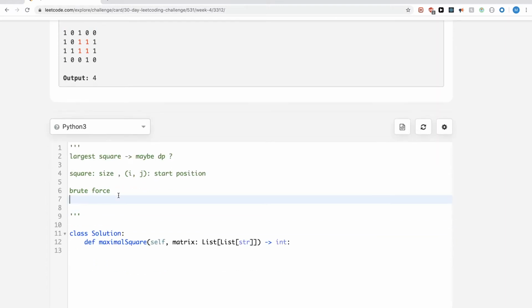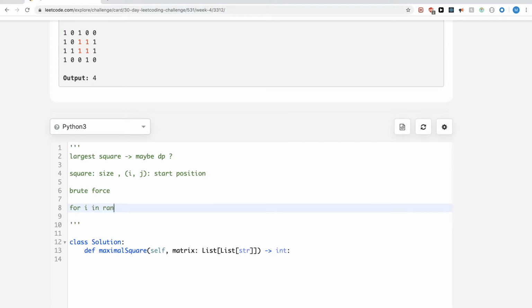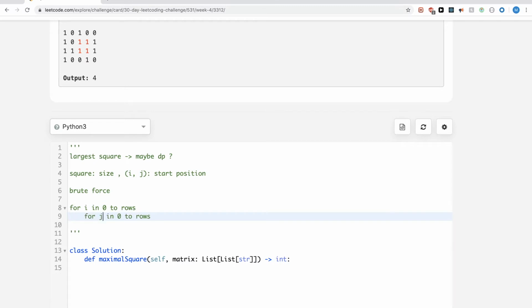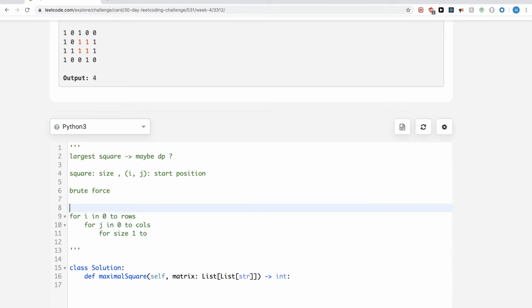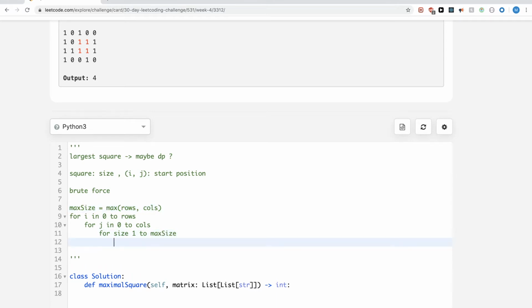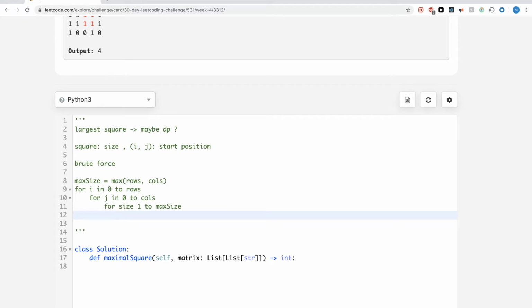So we would go through i from 0 to the number of rows, and then j, and we will consider this to be the starting point. And then for size from 1 to max size, which can be the max of number of rows and number of columns.